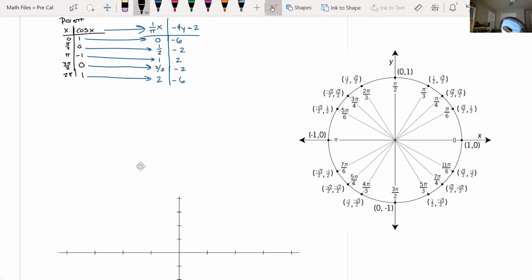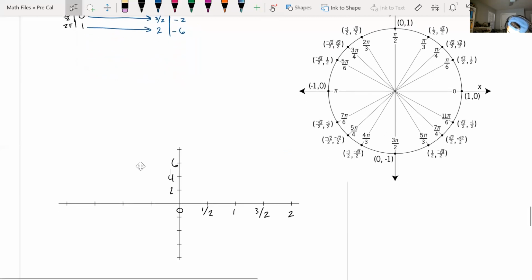So you have 0, 1/2, 1, 3/2, and 2. And the highest we go is 2. And I think we have to do this by multiples of 2. So this will be 2, 4, 6. And then down here, -2, -4, -6.